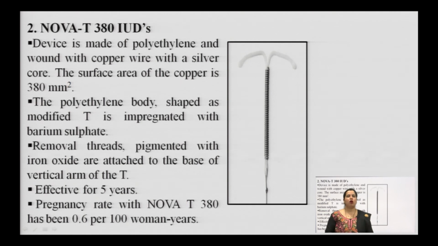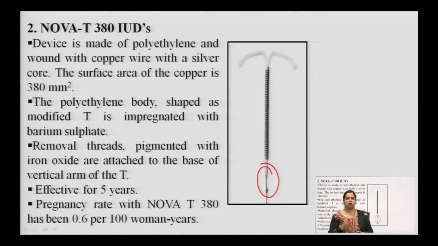The polyethylene body shaped as a modified T is impregnated with barium sulphate. This is another advancement, that barium sulphate is used in this device. Removable threads pigmented with iron oxide are attached to the base of the vertical arm of the T, right. So, this is the advantage, that iron oxide is added to this device for further usage of IUDs in women.